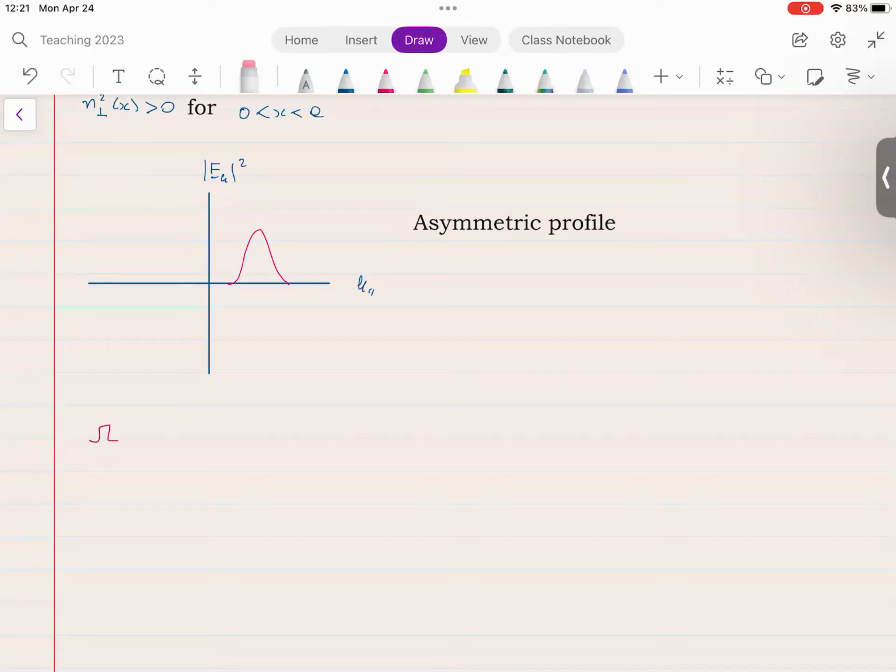And let me use my blue pen. Typically, what is going to work is the following: that omega must be between the ion and the electron cyclotron frequencies.